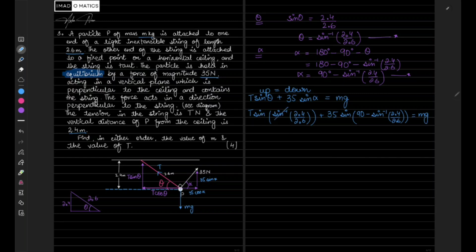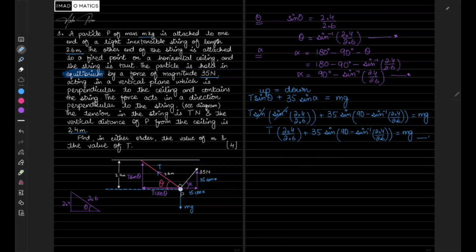Okay, now just cancel out this and this will become T times 2.4 over 2.6 plus the rest will be as it is. So this is your first equation to find out M and T.